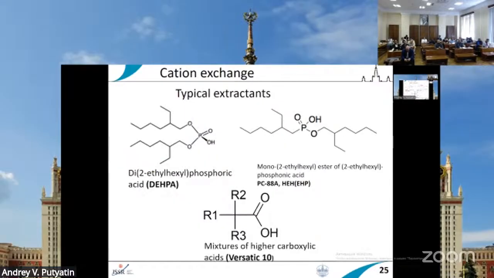And these are typical extractants. It also includes phosphorus-containing acids. One of them, DEHPA, is a phosphoric acid. I think after TBP, it's the most used molecule in radiochemistry and also in hydrometallurgy.